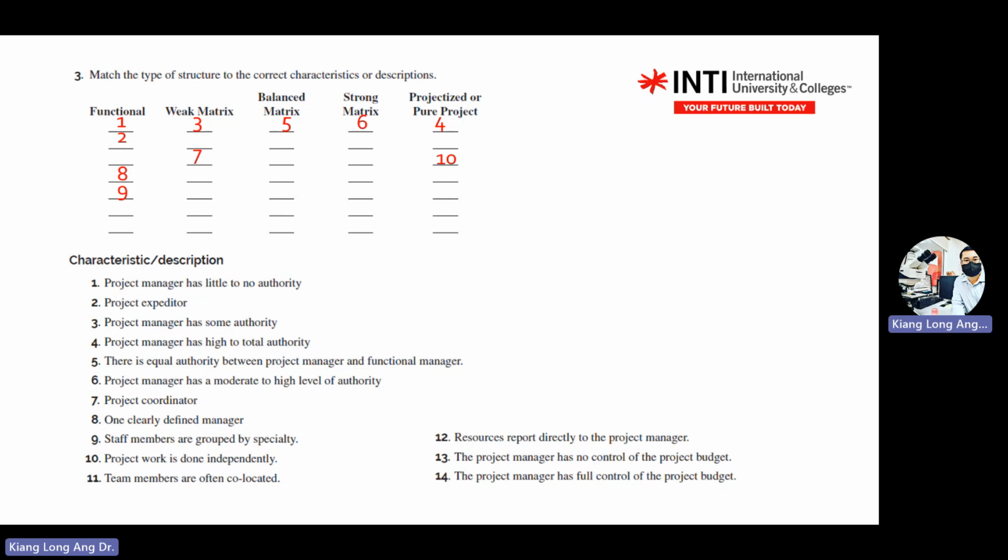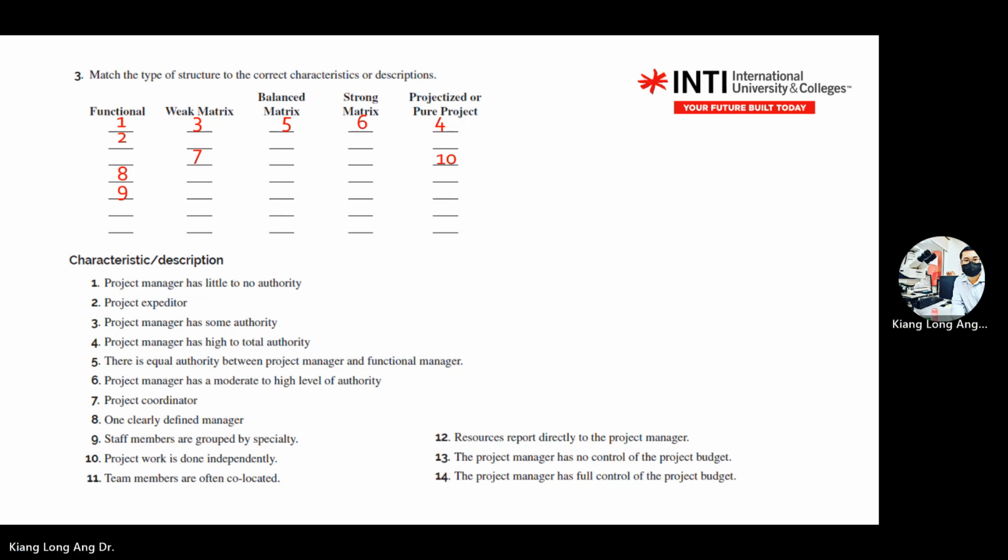If number 10 were changed to specific work is done, or they use another word, meaning they don't use the word projects but another one linked to the functional one, for example specialized, something linked with the functional word.